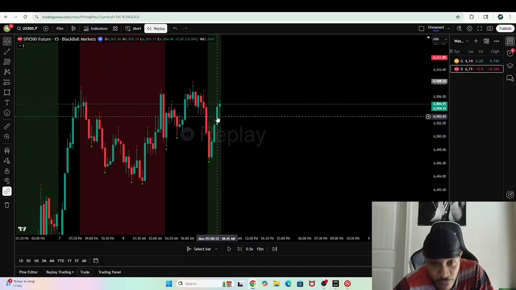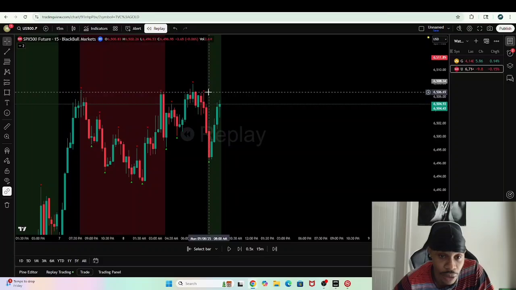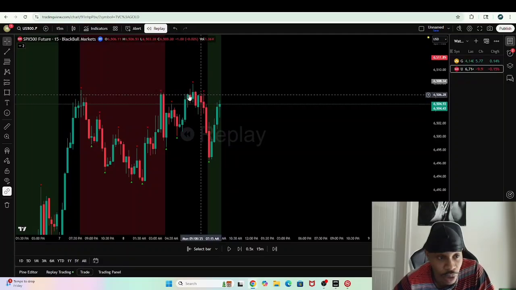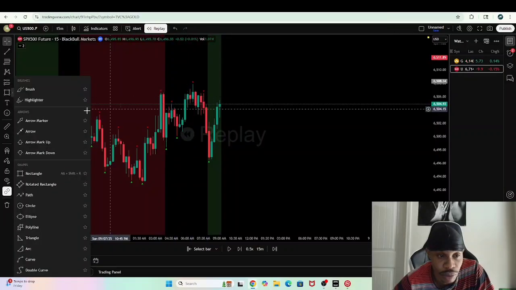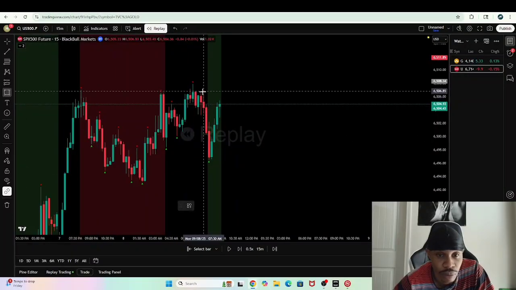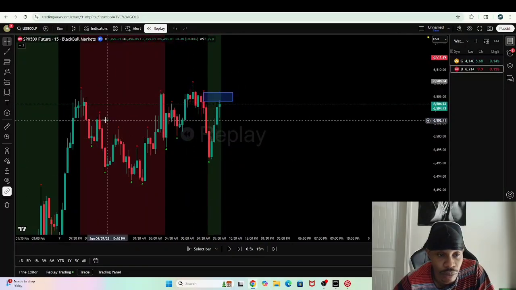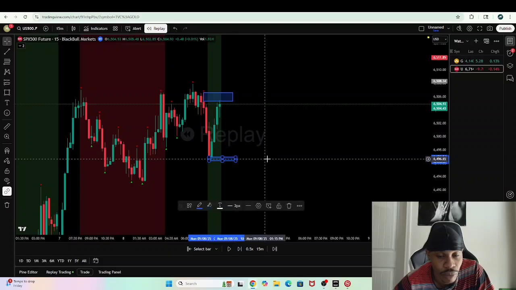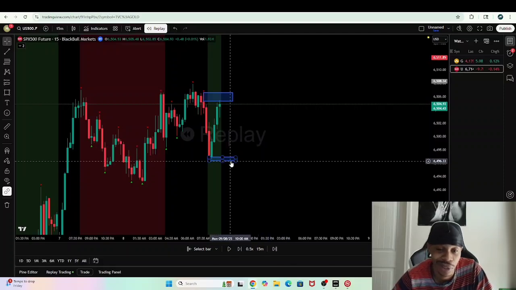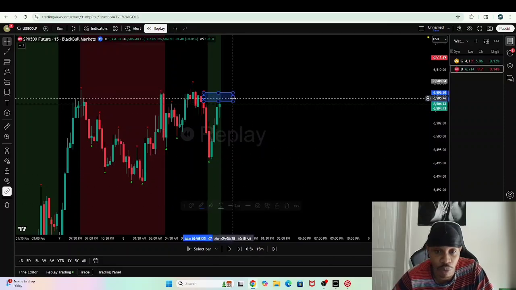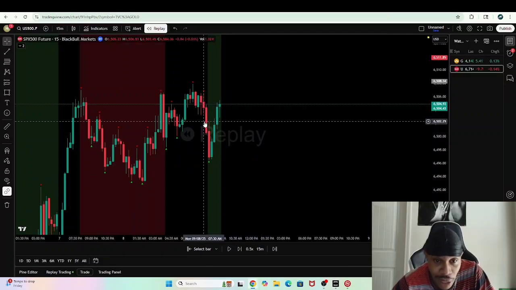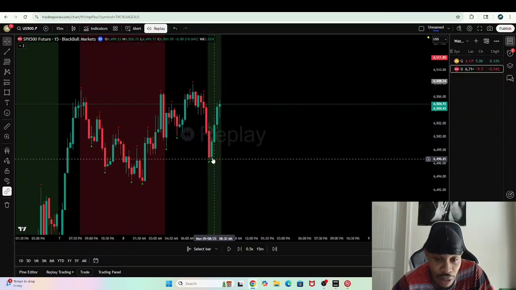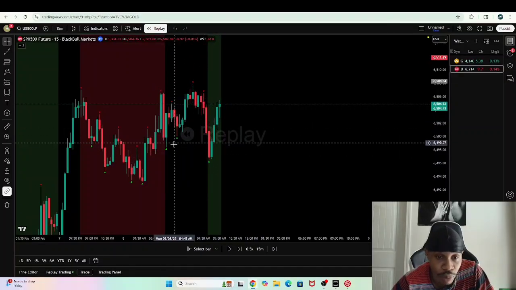The two ways I'm looking at: if you want to do support and resistance, you can do support and resistance here. I mean, you can do it there, but I'll be honest with you, I wouldn't even do support and resistance, because I see that before we got to this recent low, it broke this.